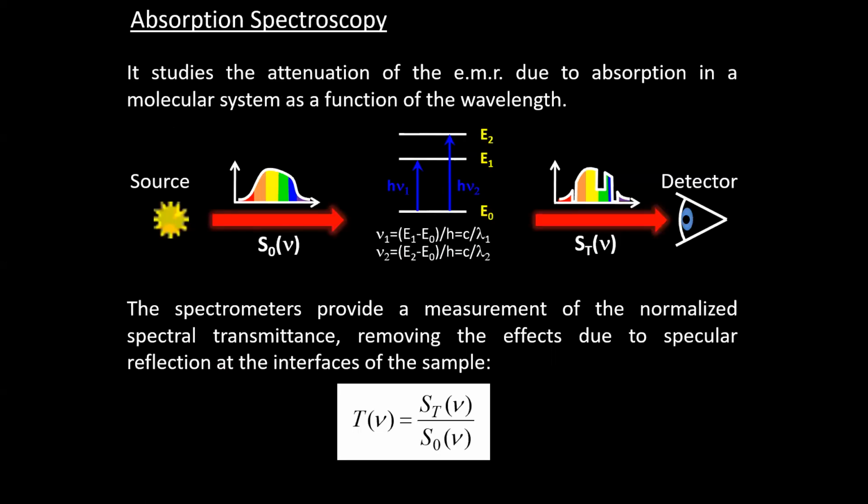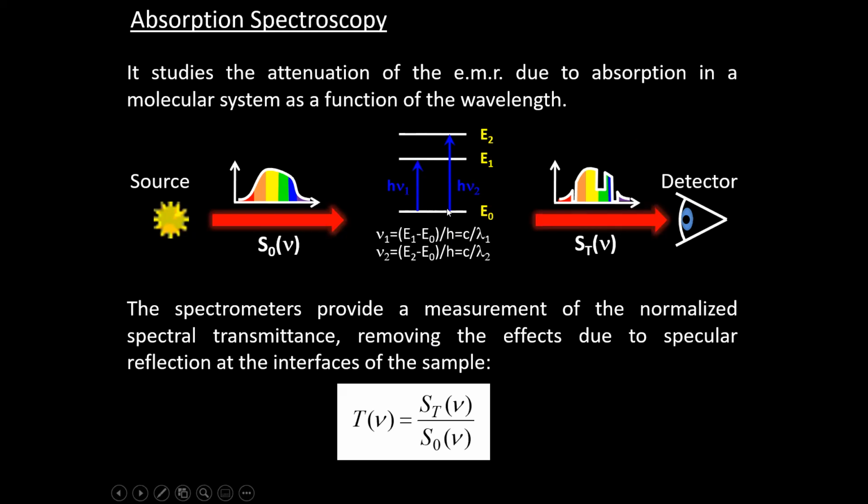Now, what happens therefore in absorption spectroscopy? If you have a source of light that is characterized by a certain spectrum, that is, the intensity of light as a function of frequency, you send light on a set of molecules that have all the same levels.